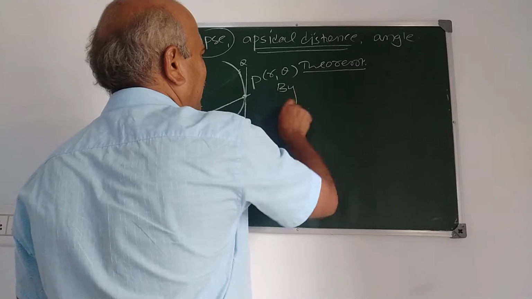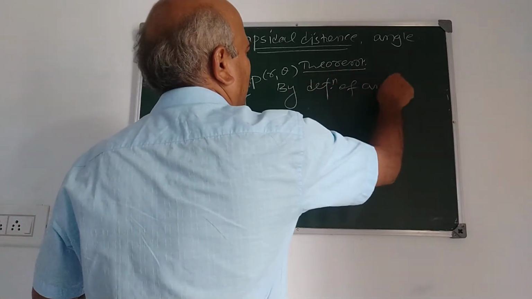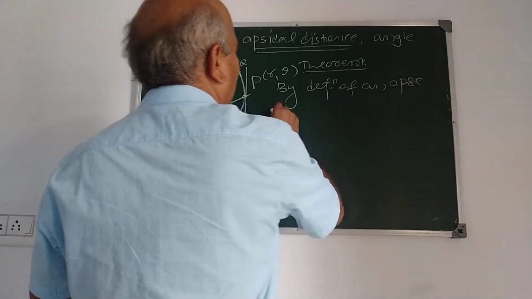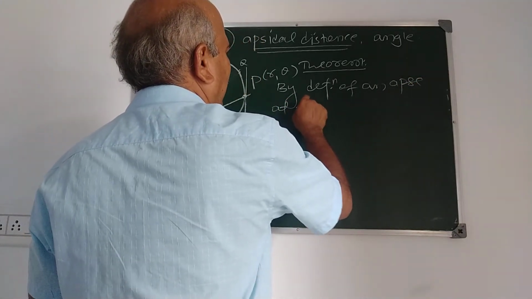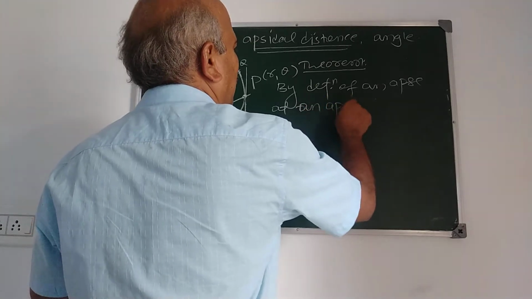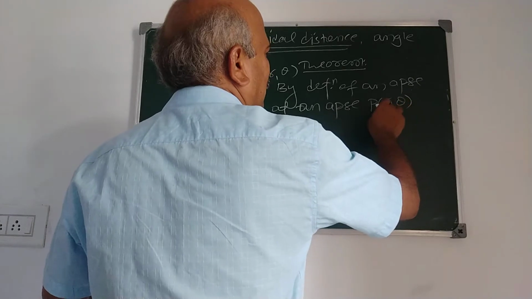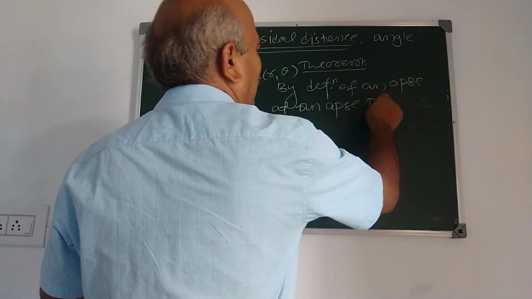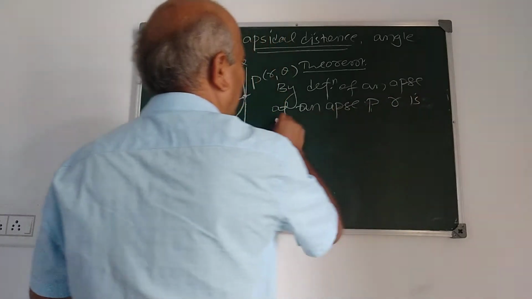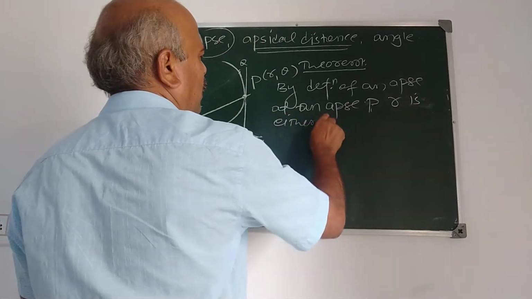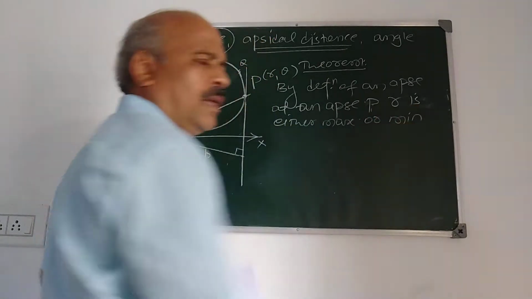For that, by definition of an apse, at an apse, I take P, r theta is the apse here. At an apse P, r is either maximum or minimum.